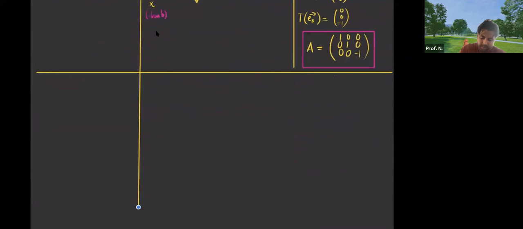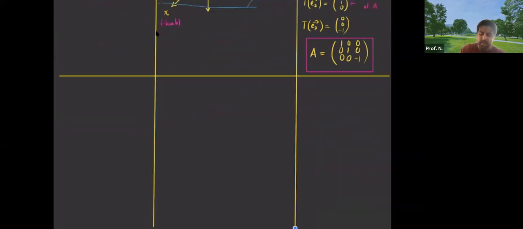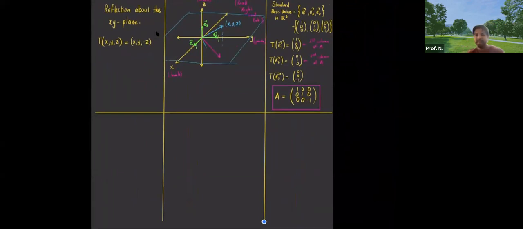What's so special about the XY plane? Why not the YZ plane? Why not the XZ plane? By symmetry, I hope you guys see that they should follow the same idea, right? So this is a reflection about the YZ plane.